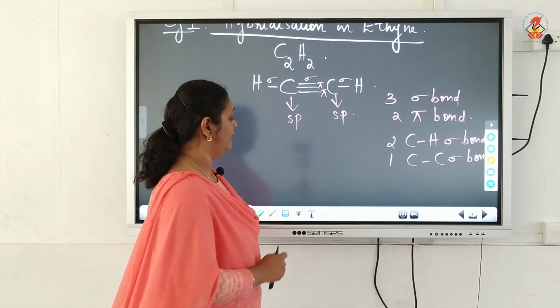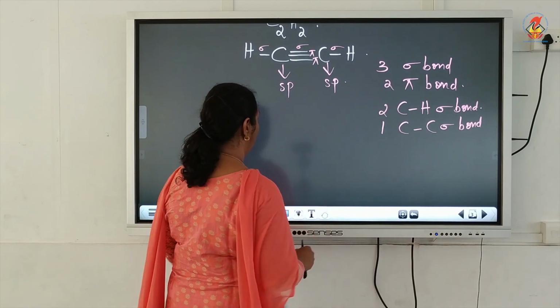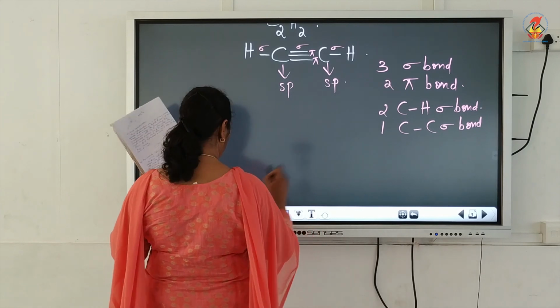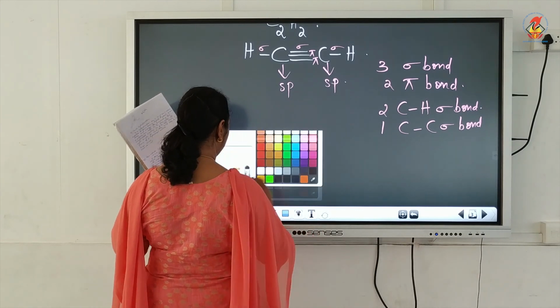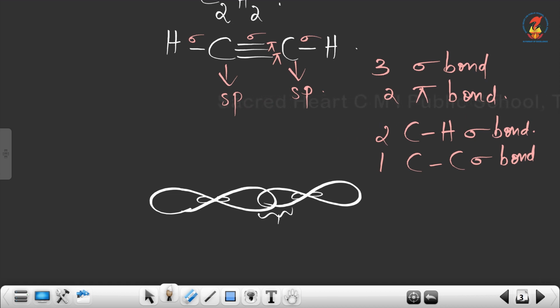Okay, so let us draw the shape of this ethyne molecule on the basis of hybridization, or let's show the hybridization in ethyne molecule. We know that the shape is linear. This is the sp hybrid orbital of one carbon atom. Now this is the sp hybrid orbital of second carbon atom, and you can see here we have the overlapping, that is sigma bond between CC.